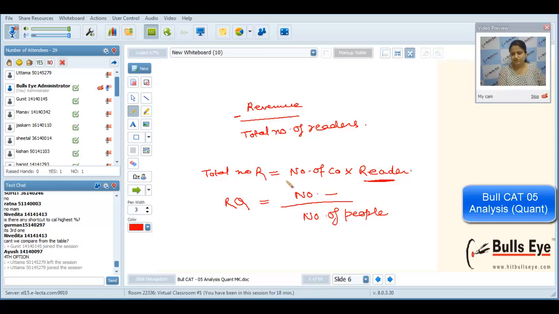We could use these formulas in calculating this. Is it okay with you? If we apply this, what is revenue? We could apply that and we will get a shortcut for this. Otherwise, we have to calculate only.